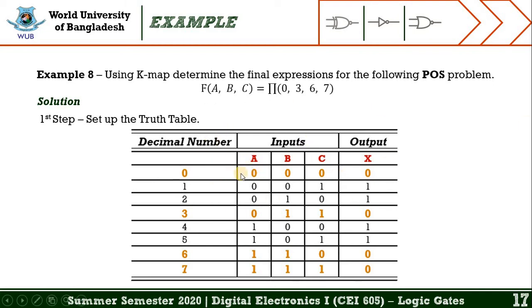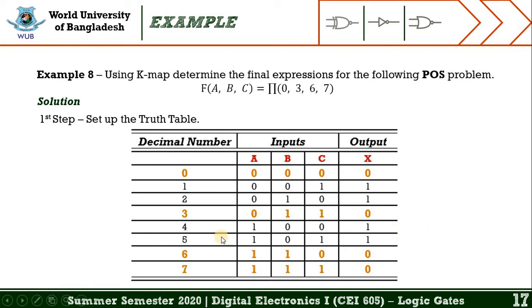First step, set up the truth table. We already did this in the previous problem, so we don't have any problem. But for the POS problem, we just place 0 in the output section only for these numbers, which are 0, 3, 6, 7. If you look closely at the table, you will find that the indicated numbers are in a different color, and the output is also 0.